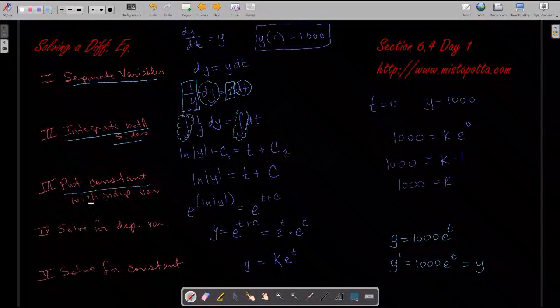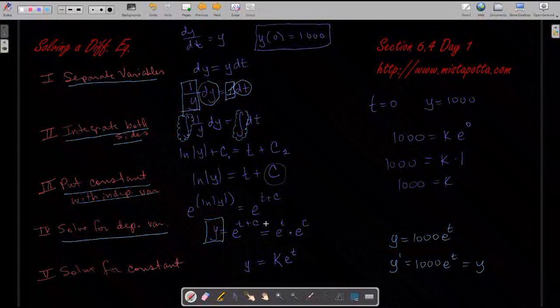And I resolve that by putting my constant on the independent variable side. This is really part of the idea of solving for my dependent variable. But putting my constant on the independent variable side helps me to get my variable by itself. I need to solve for my dependent variable, so I had to get y by itself, y as a function of t.